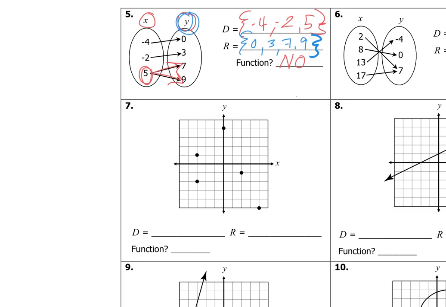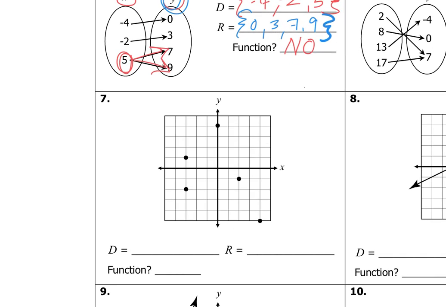Okay, let's have a quick look at number 7. So here we have points. And when we're looking at the domain, we're only interested in the x values. So here's our 0 on the x-axis, and we're moving 1, 2, 3, -3. And we can already tell that we have not 1, but 2 points with a -3 on the x value.